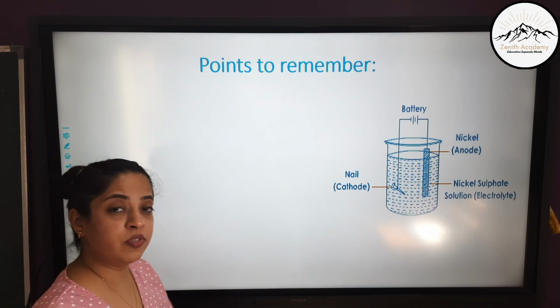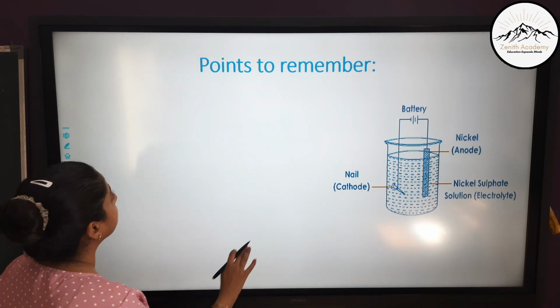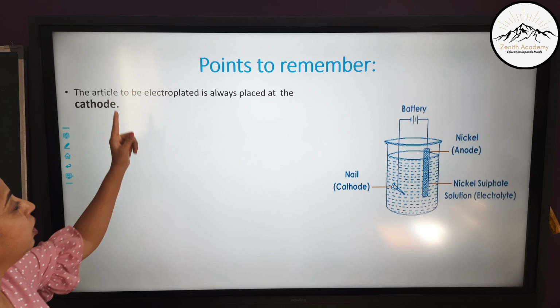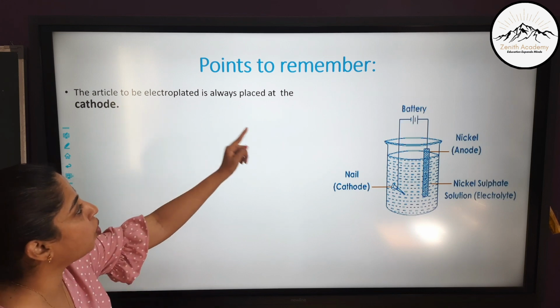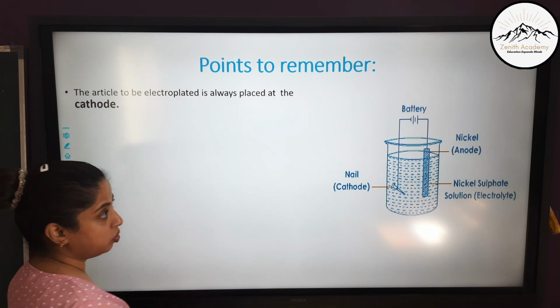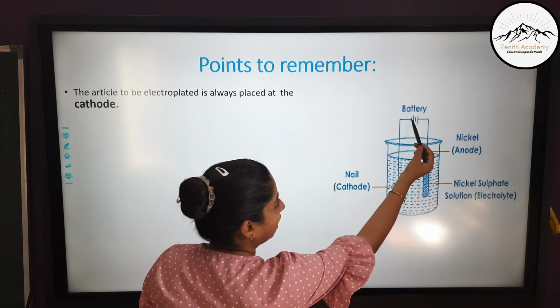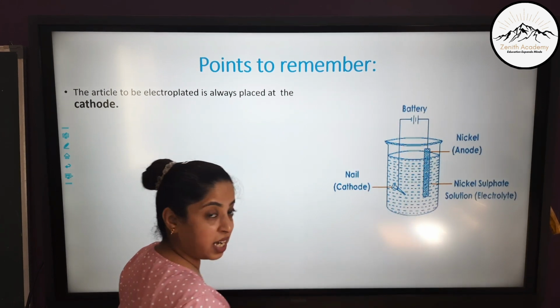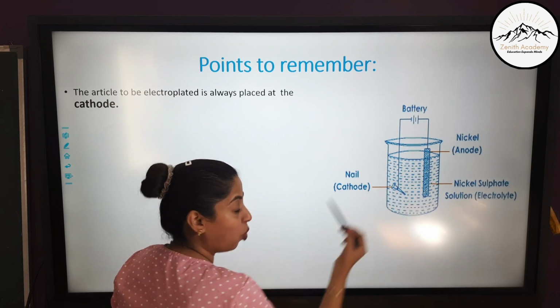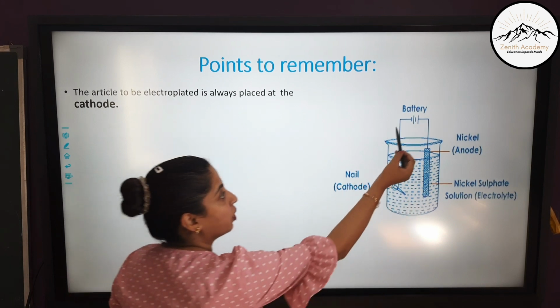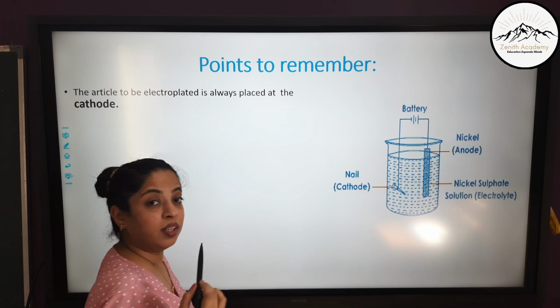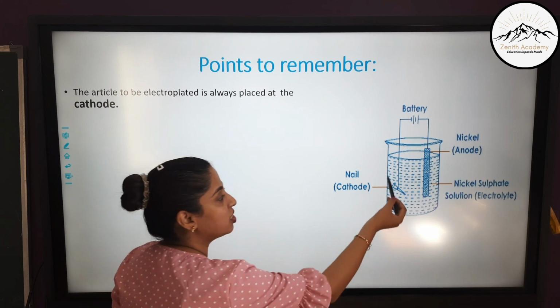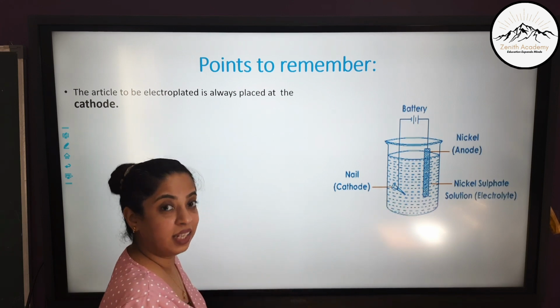There are certain points which you should remember. First, the article to be electroplated is always placed at the cathode. You can see this is the negative terminal of the battery and we want to plate this nail. That is why we have placed it at the cathode. The metal gets discharged at cathode by gaining electrons.